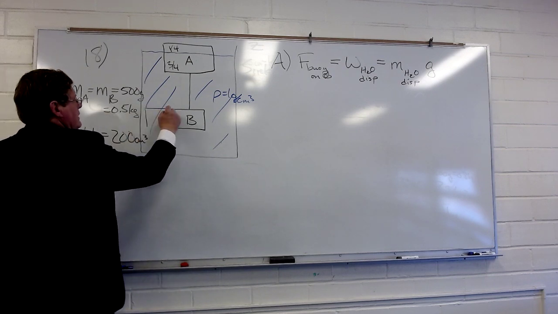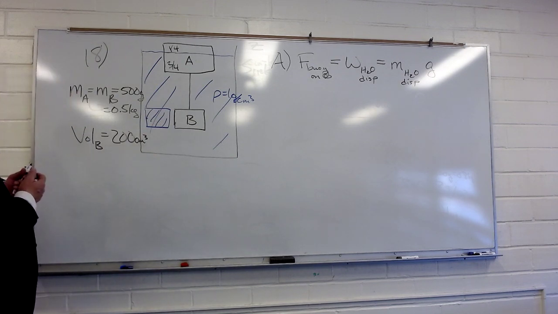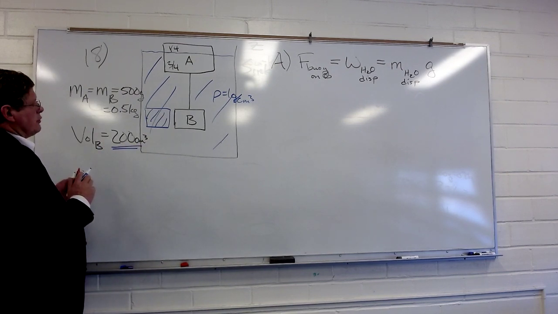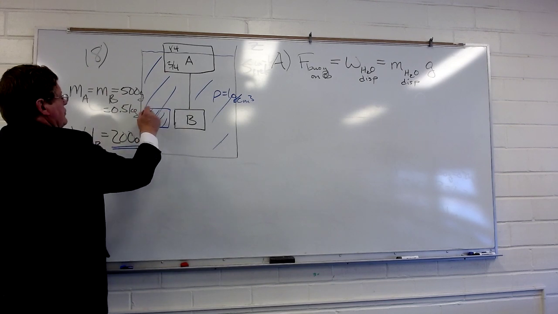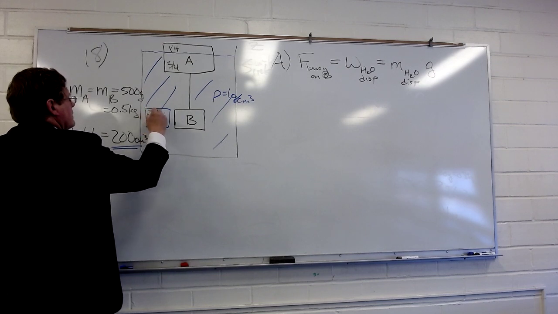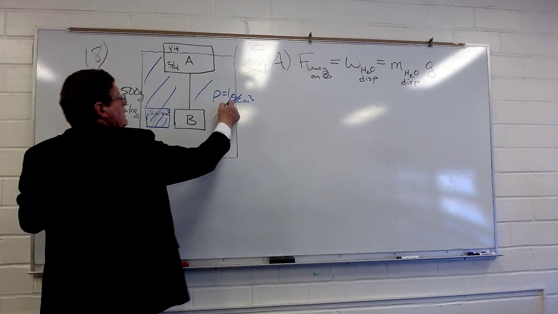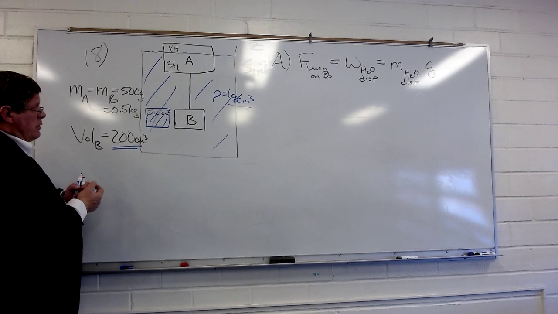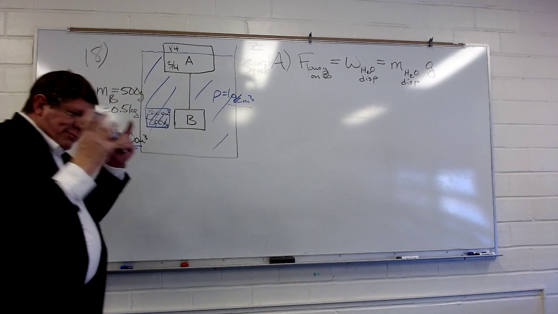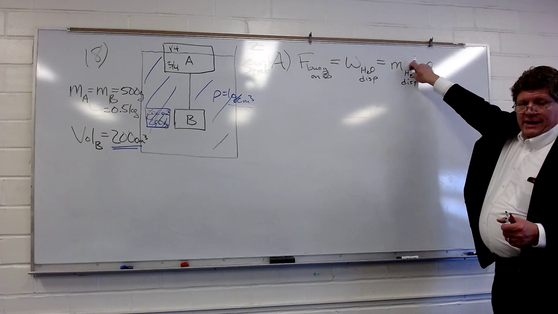Let's imagine a block of water the same size and shape as B. Well, I know that the volume of B is 200 centimeters cubed. If I had a block that was also 200 centimeters cubed, how many grams would that be? Well, water has this nice relationship where it's 1 for 1, so that's going to be 200 grams. So the mass of the liquid displaced, the water displaced, is going to be 200 grams.